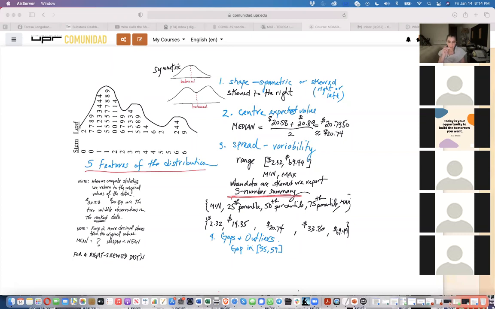Okay. So how do we check for outliers? Let me write this in. I'm doing color coding. First you mention the gap and then you check for the outlier. So we suspect outliers.